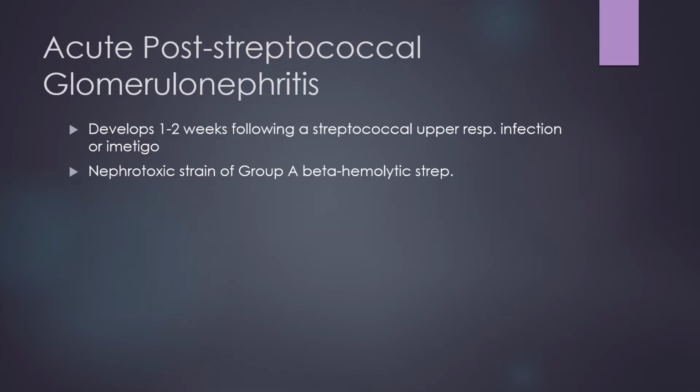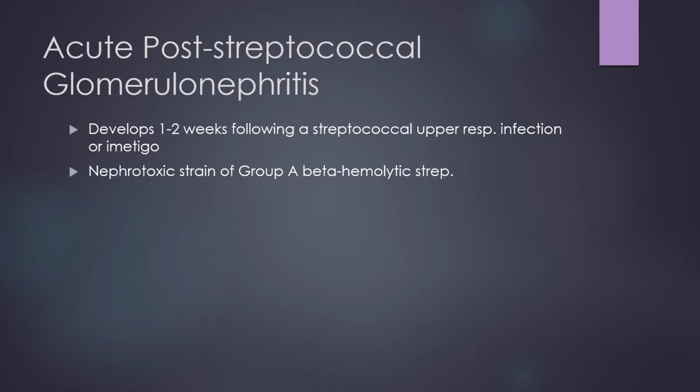The most common type of acute glomerulonephritis is post-streptococcal glomerulonephritis. This occurs because the complement system is activated as the antigen-antibody complexes are deposited in the glomerulus when they're getting filtered. The good thing is 95% of patients recover completely with conservative treatment.